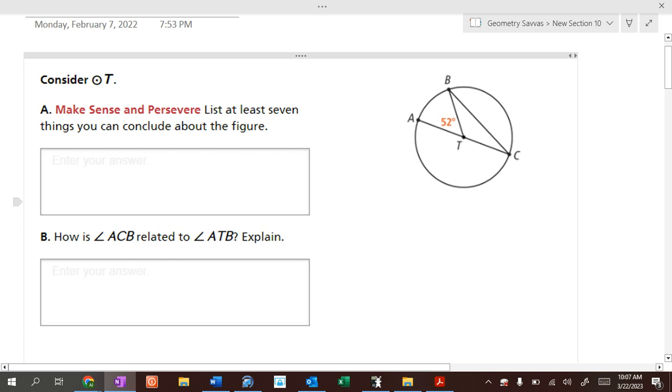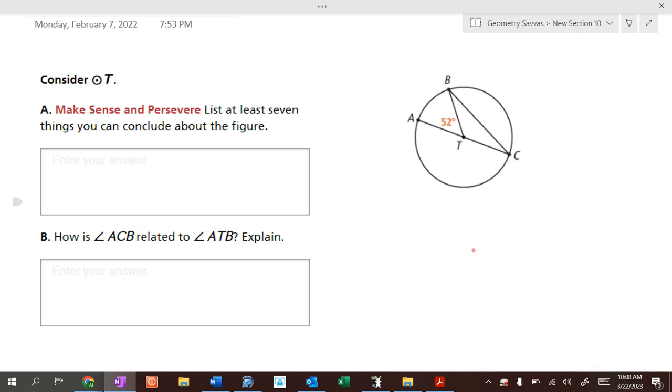Let's look at circle T here. Angle BTA is how big? 52. So this arc is 52 degrees. Okay, we know that. What else do we know in this figure?